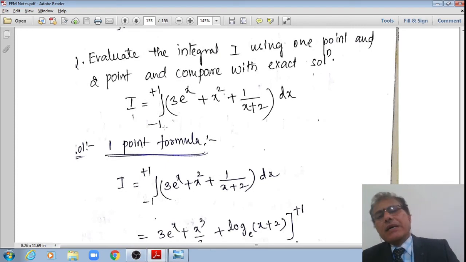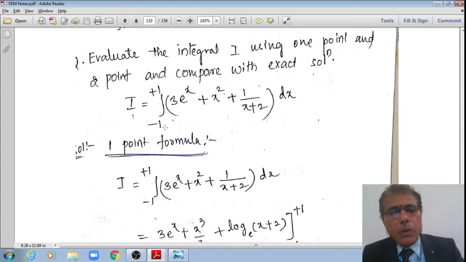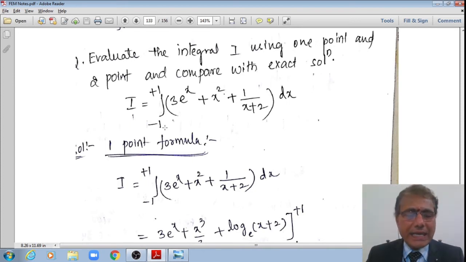Now let us see, as an example, how this numerical integration can help in arriving at integral values, right? Now I'm taking this example, students. Evaluate the integral I using 1 point as well as 2 point formulas of the Gauss quadrature integration technique.